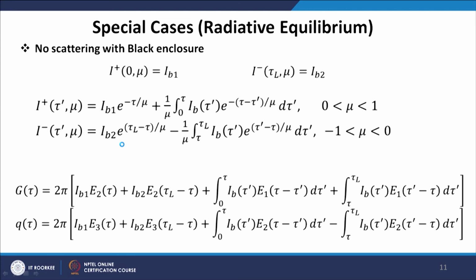Now, there are some special cases, especially there are two types of special cases in this problem. One is radiative equilibrium problem and one is specified temperature. In many applications, the temperature is known and you can solve the radiation problem straightforwardly because you know the temperature, but in many applications the temperature is not known.